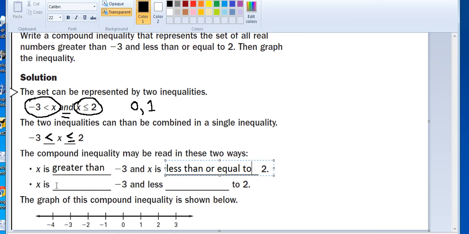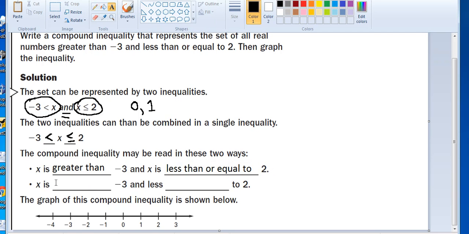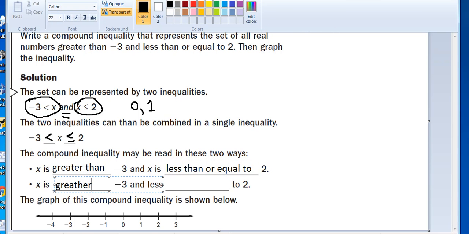Another way it's sometimes said, and this is very, very close, is x is greater than -3 and less than or equal to 2. Really the same thing. Notice that and is a key word here. Now what we're going to do is graph it next.